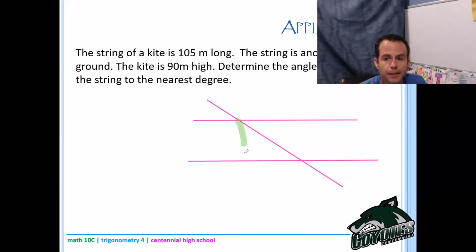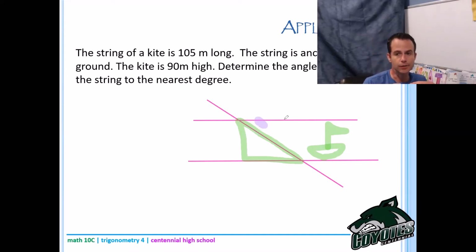So this might be that example I just showed you of the cliff and the boat, okay? So here's my boat, and we were talking about an angle of depression right now. And so the angle of depression is right here. But from junior high, you probably talked about alternate interior angles, or maybe you heard the Z theorem.